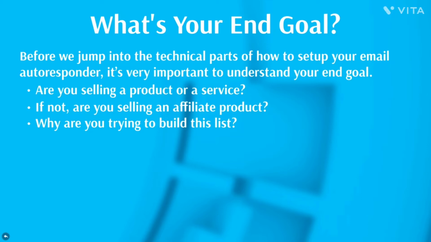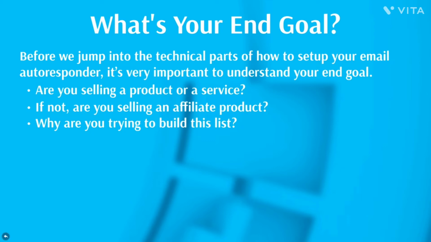Instead, you can provide a little bit of value and build that relationship up front. And then, of course, you can sell somebody else's product. So it's similar, but it's slightly different. But knowing your end goal is key. So if you're selling a product or service right now at this very moment, then write that down. If you're not, and you're selling an affiliate product right this moment, then jot that down.